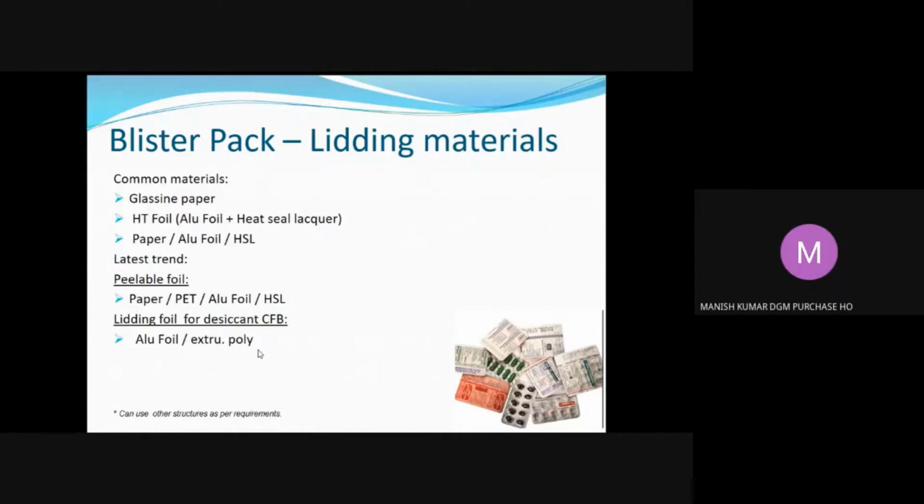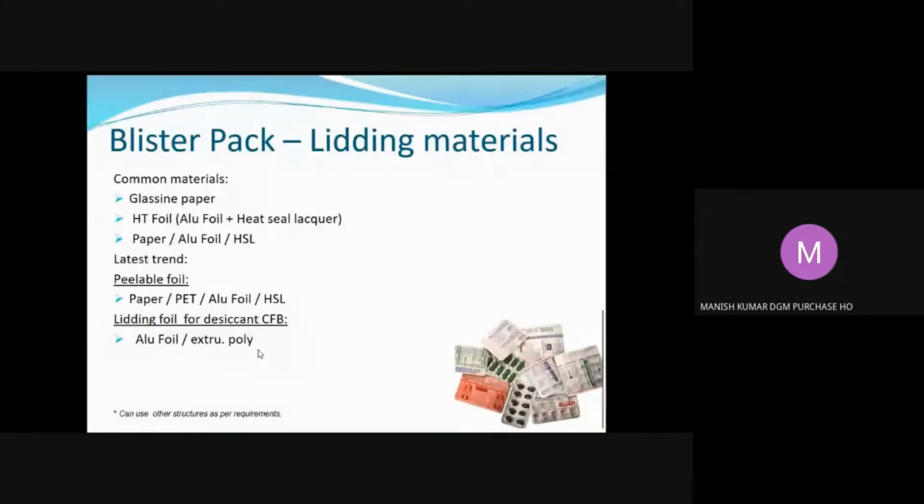So you can go and check what are the different types of blisters and strip foil, how it is manufactured, what is the difference between blister foil and strip foil manufacturing. If you search in Google, you will get the idea how the blister foil has different properties than the strip foil.